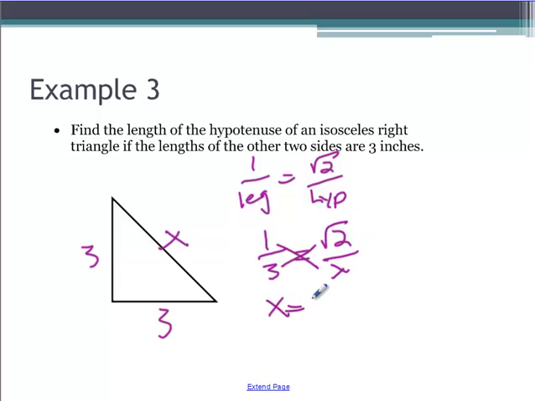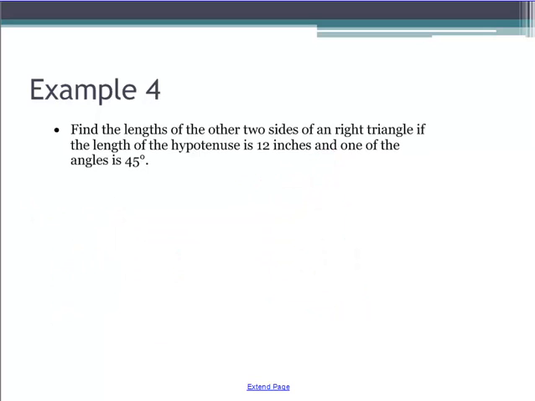Cross multiply, x equals 3 square root of 2. Or I could just remember that to get from here to here, I multiply by square root of 2. So there's a couple different ways you can do that.